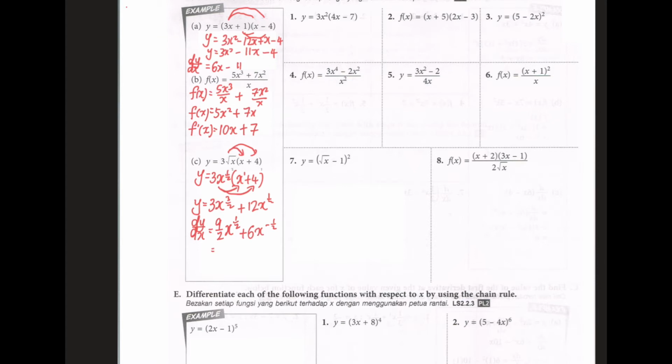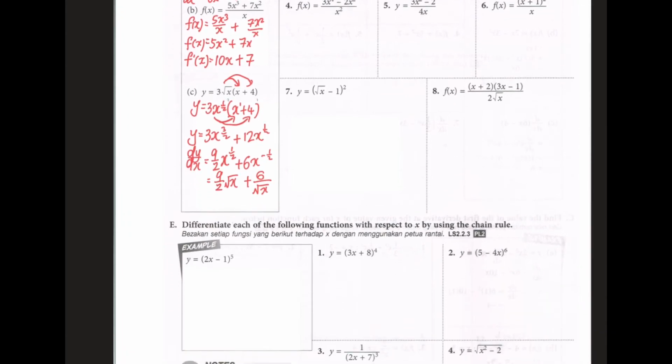So if the question itself shows square root or surd, then normally we put our final answer in surd form also. Where power half is surd x, and if it's negative half, we just bring it down and take surd x. So we leave our answer like this.